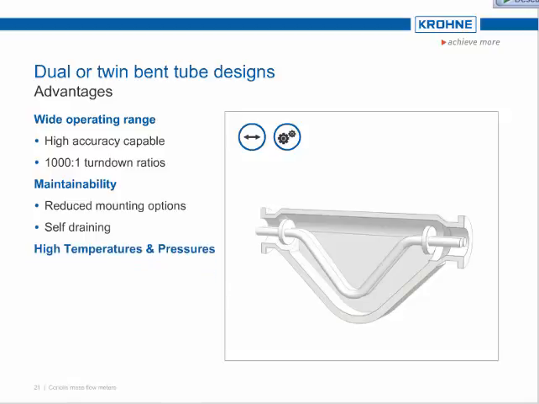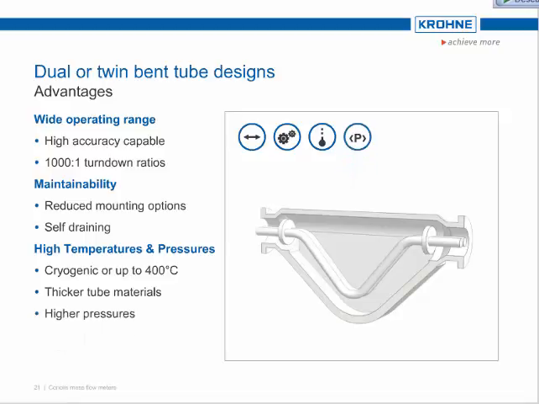Twin bent tube meters can have wide temperature ranges, with cryogenic versions or high temperature versions up to 400 degrees Celsius. The increased signal of some designs can allow thicker tube materials to be used, which can offer higher operating pressures. The line sizes for twin bent tube meters are from DN2 up to DN400 depending on the manufacturer.